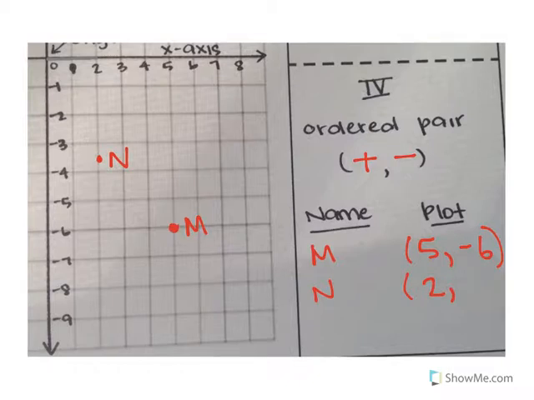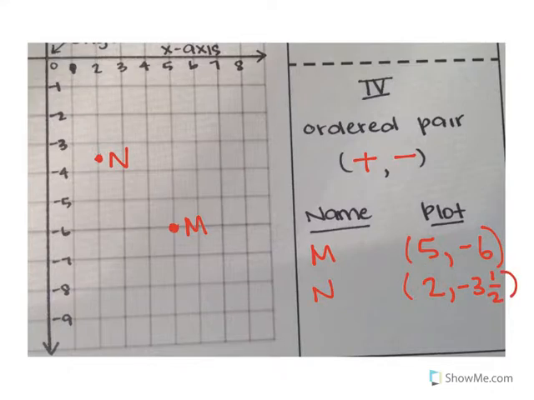Now to get down to that point, I have to travel down the y-axis, and I traveled down past 3 units, somewhere in between 3 and 4, and to me it looks about halfway, so I'm going to say that my y-coordinate is negative 3.5.